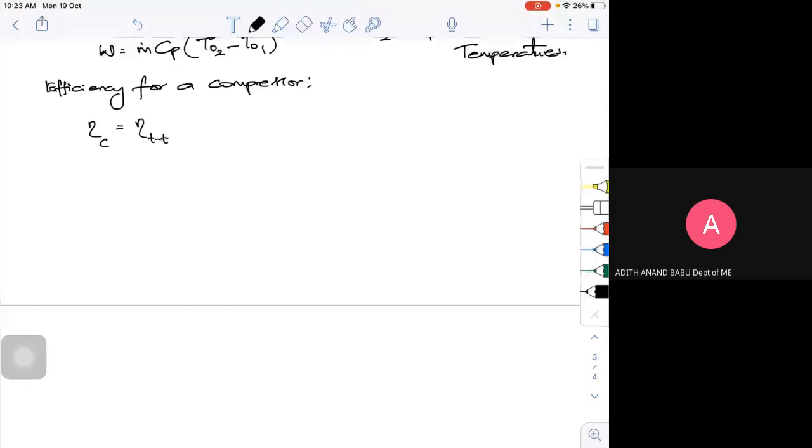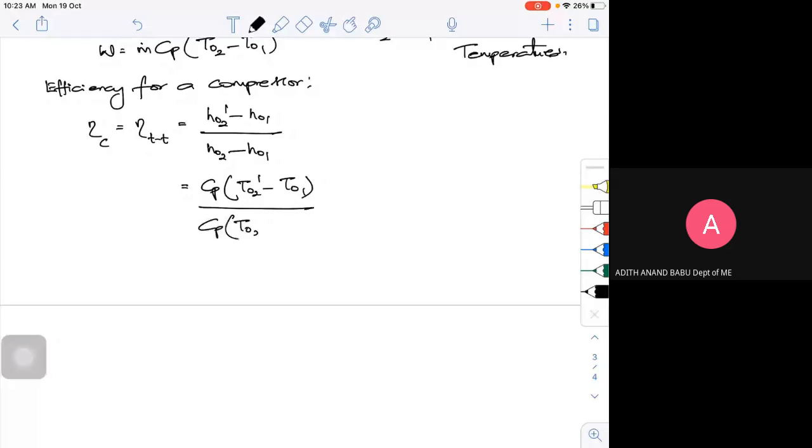I can write it as H naught 2 dash minus H naught 1 divided by H naught 2 minus H naught 1. If I write the same thing in terms of Cp, I can write it as Cp into T naught 2 dash minus T naught 1 divided by Cp into T naught 2 minus T naught 1.